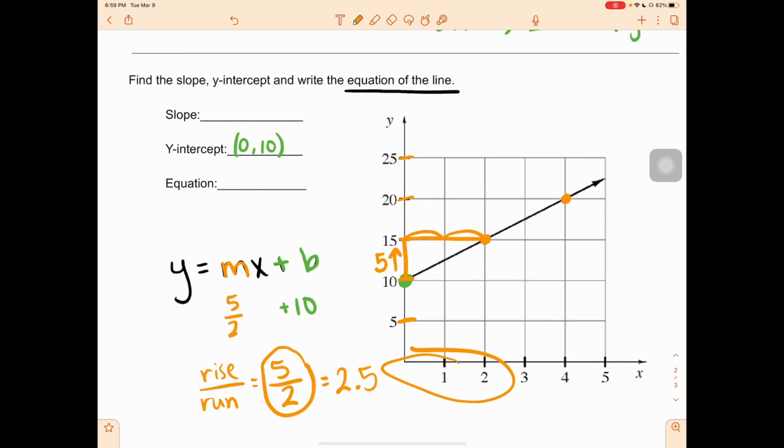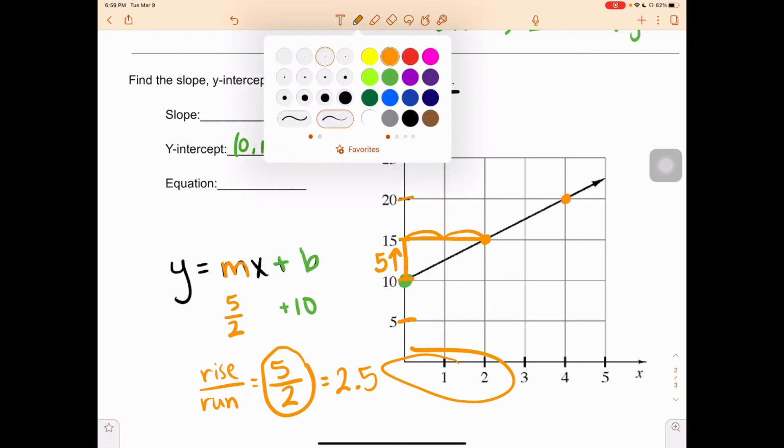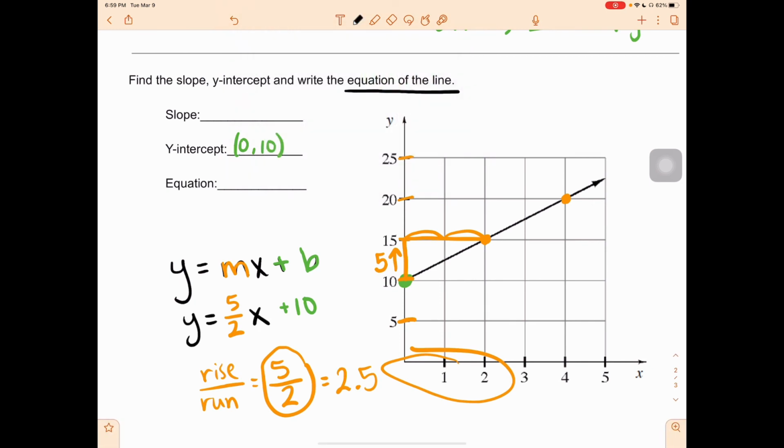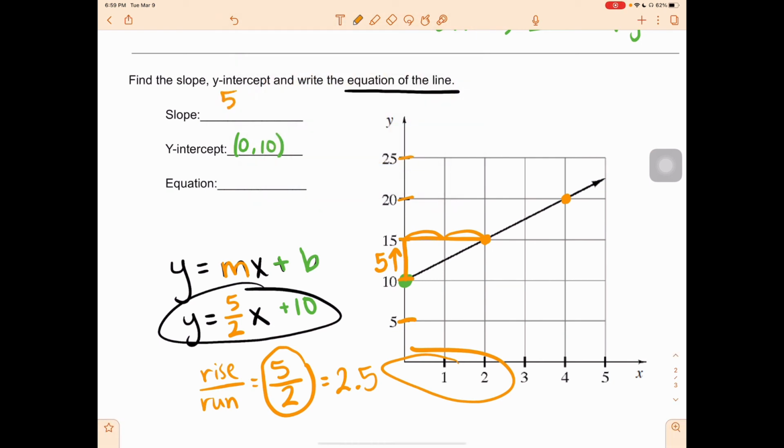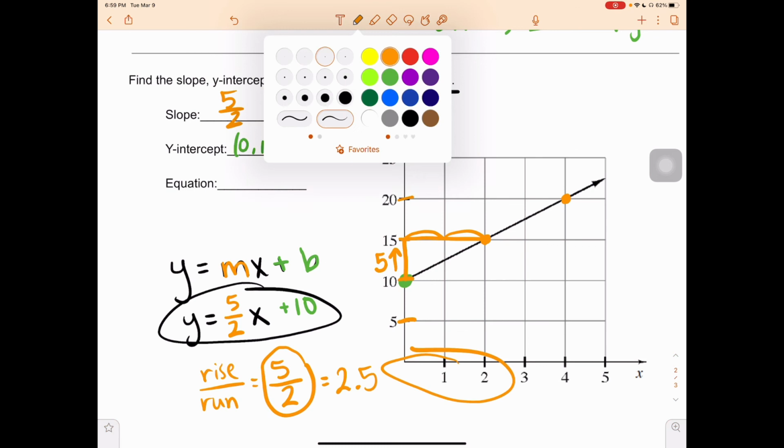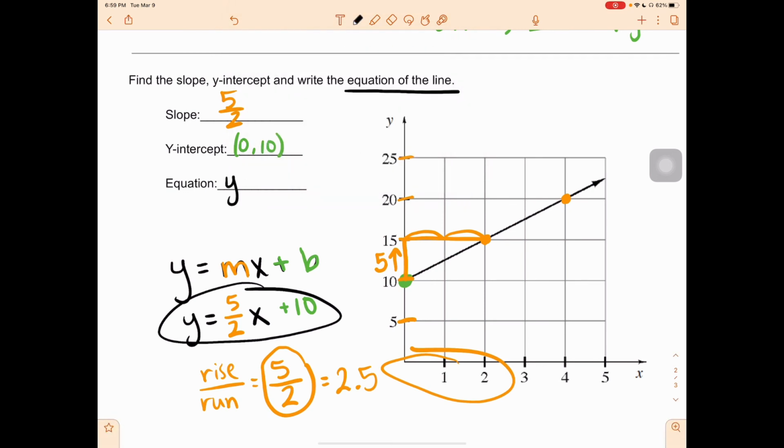But we can leave it as a fraction just so you can see what your rise over run is in fraction form. And this is our equation. So our slope is 5 halves, or you can also write that as 2.5, right? The equation is y equals 5 halves x plus 10. Okay, so hopefully this prepares you for your EST.